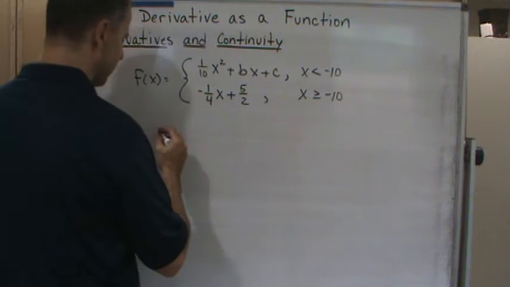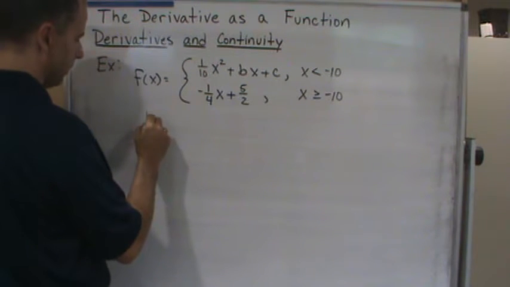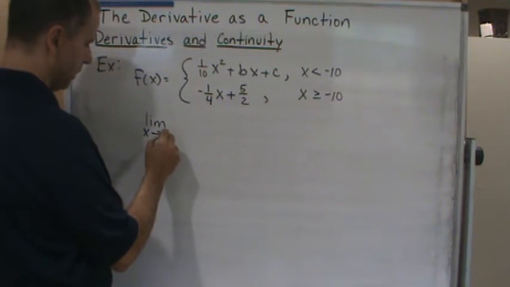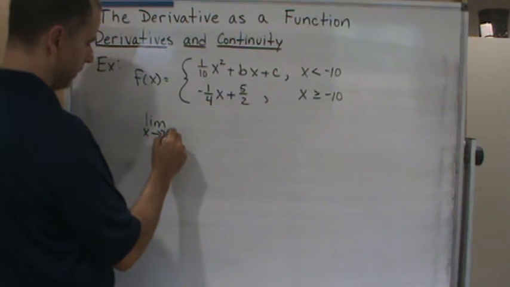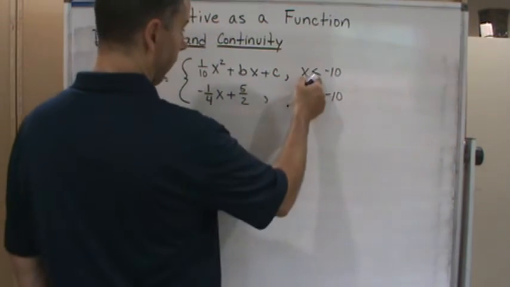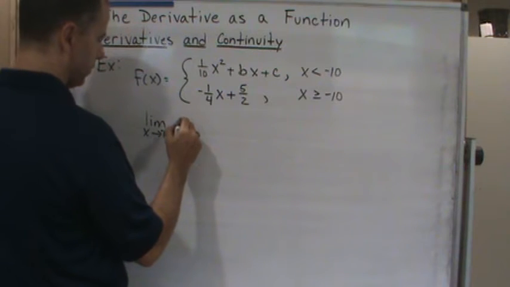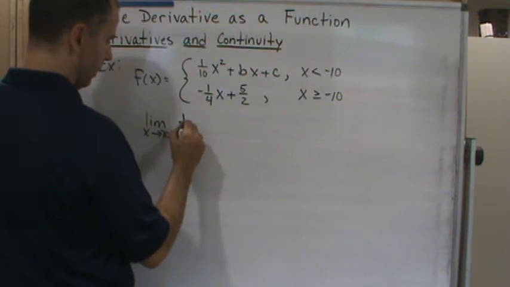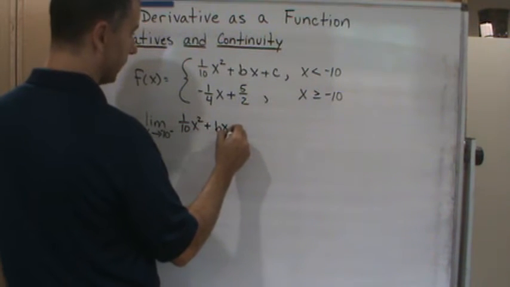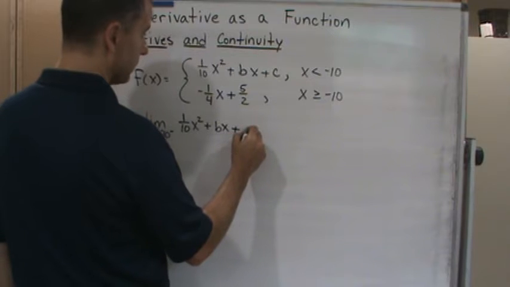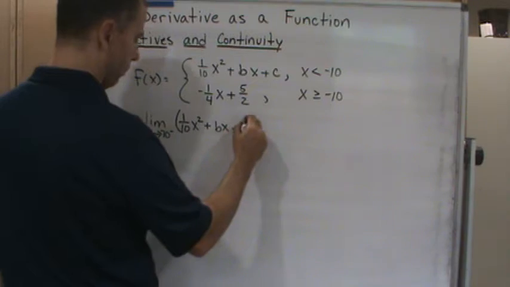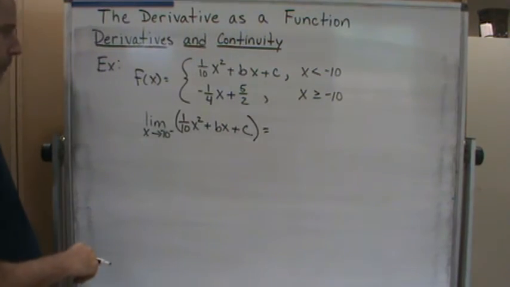So what we want is the limit as x approaches -10 from the left. Now, if we're going from the left, we're using the top one, so it's going to be 1/10 x squared plus bx plus c. Right? We need to find that one.